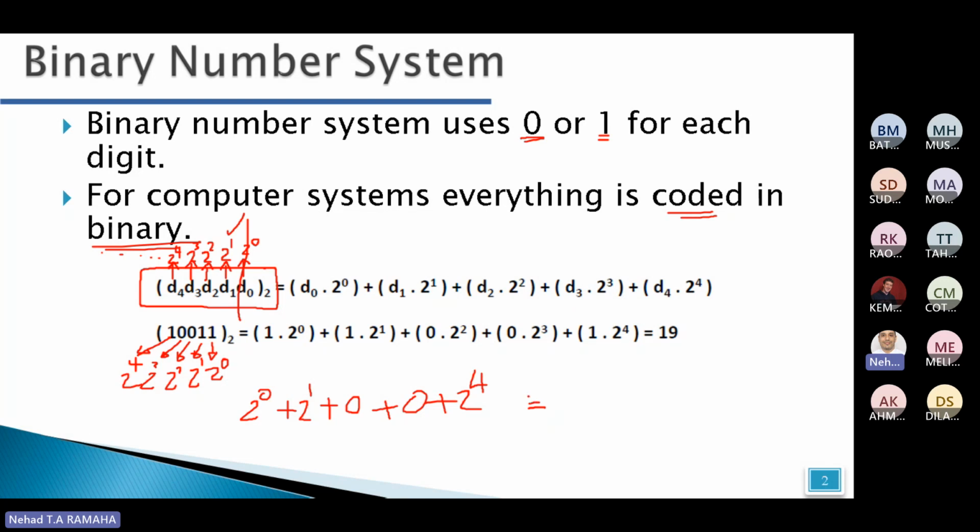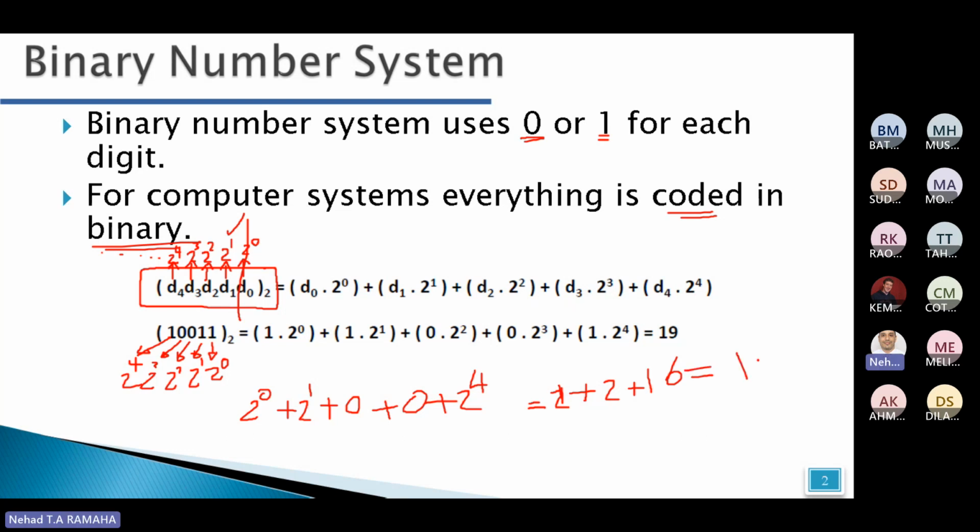So you can sum the powers: 2 power 0, which is 1, plus 2 power 1, which is 2, plus 2 power 4, which is 16.